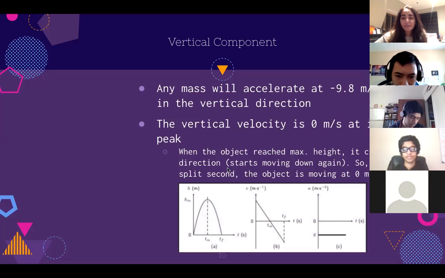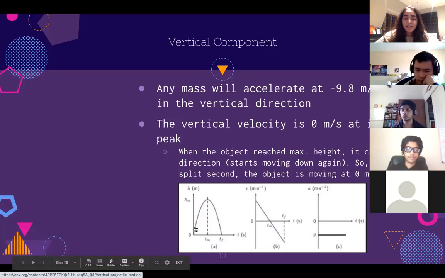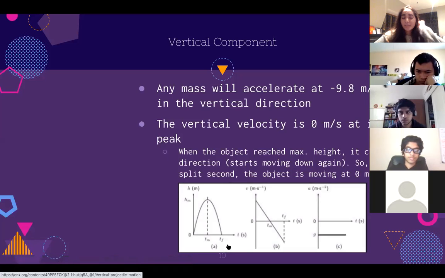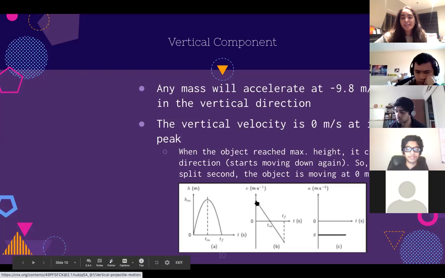And these are the graphs associated with the vertical component in projectile motion. As you can tell, this is basically the image that you get when you throw a ball up to your friend. It creates that parabolic image, a curve. The velocity is a straight line, or sorry, the acceleration is negative 9.8 meters per second squared, which causes that straight line with a slope of negative 9.8, as you can tell here.